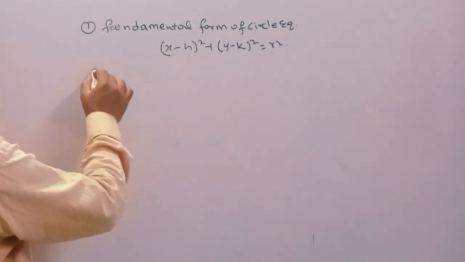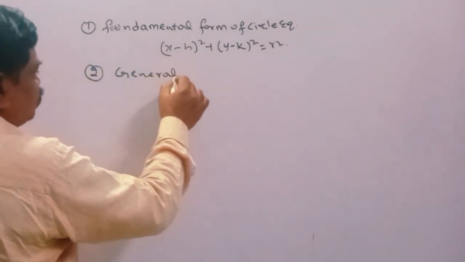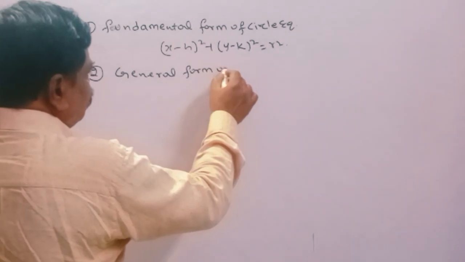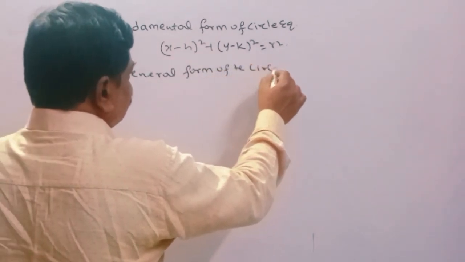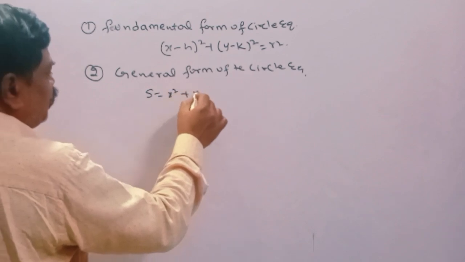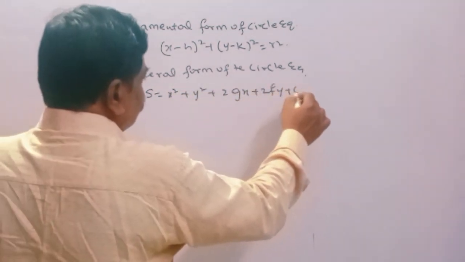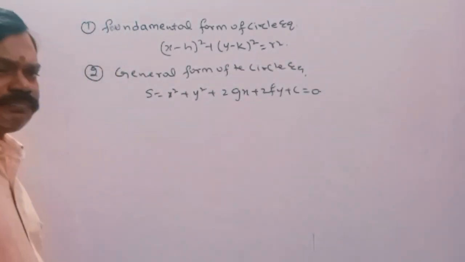Then after that, the general form of the circle equation: S is equal to x square plus y square plus 2gx plus 2fy plus c equal to 0.